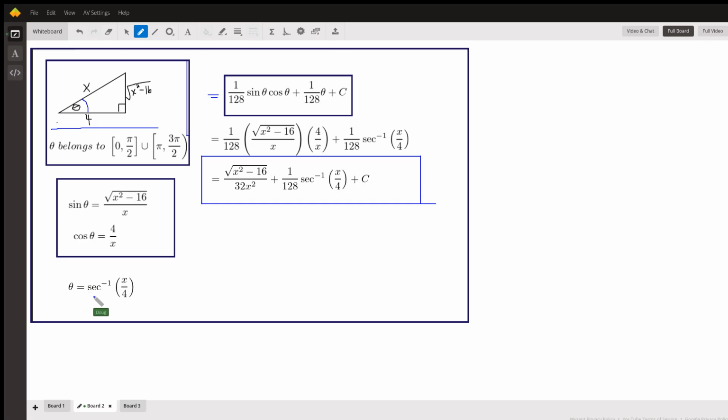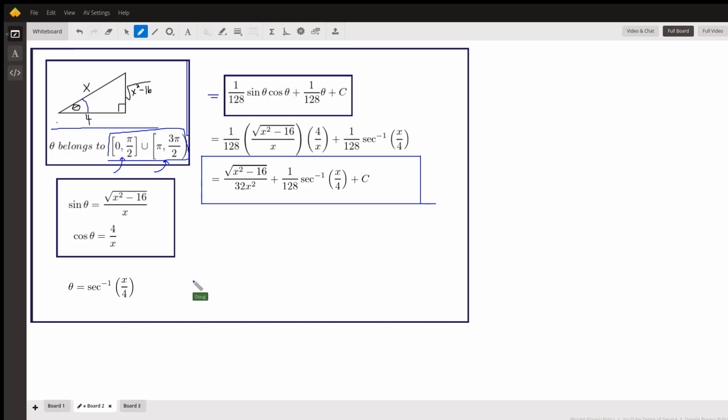Theta is the inverse secant of x over 4, the angle that has a secant of x over 4. And remember, this is our agreement. We're putting theta in one of these intervals. This first interval is where secant is positive. This interval is where secant is negative.